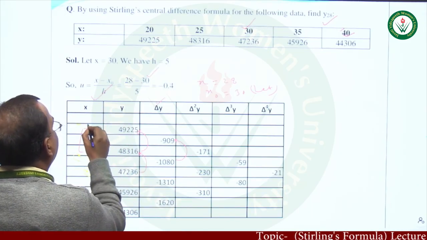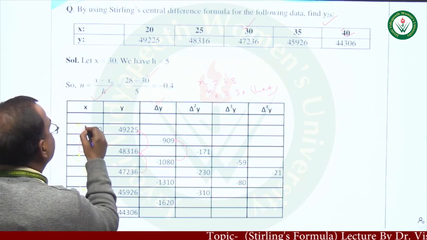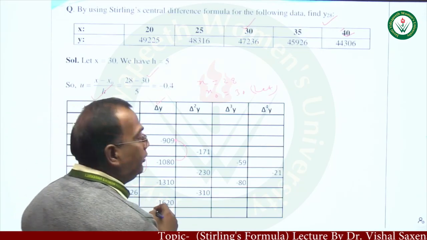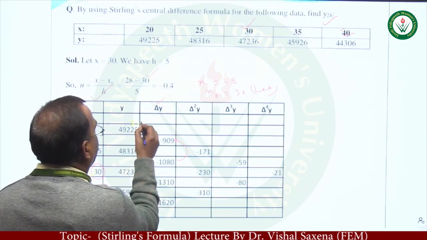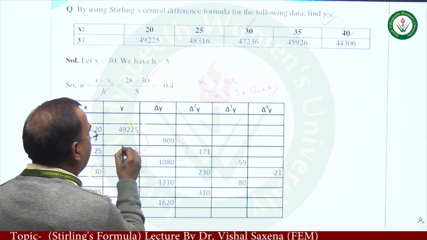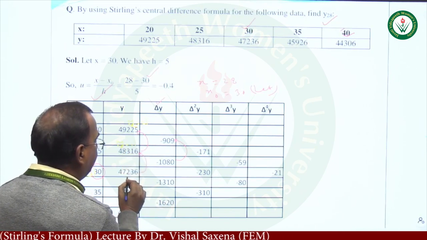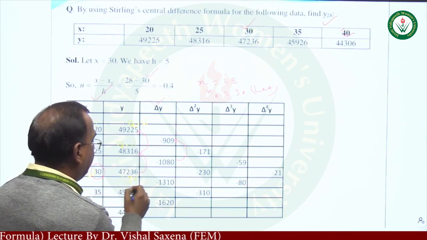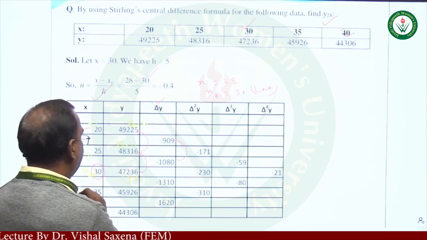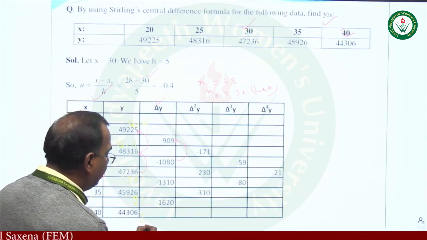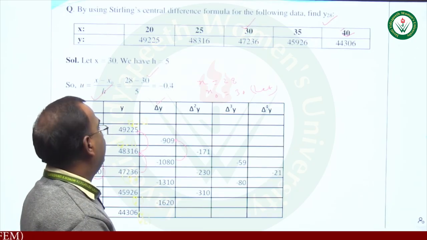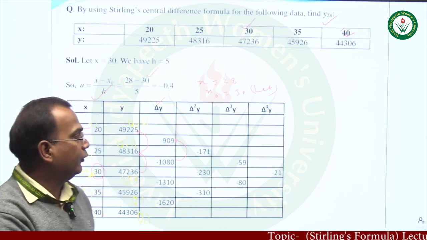Now correspondingly what we will get is y minus 2, then y minus 1, here y naught, corresponding to x naught, and then y1 and y2. These are the notations for the y.